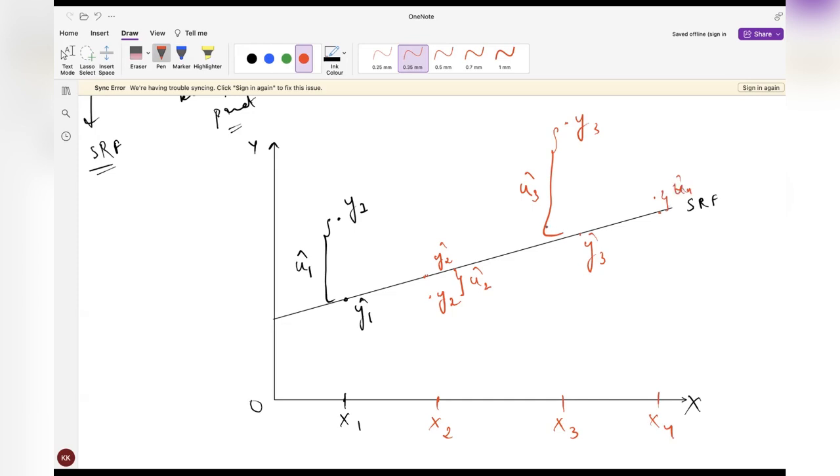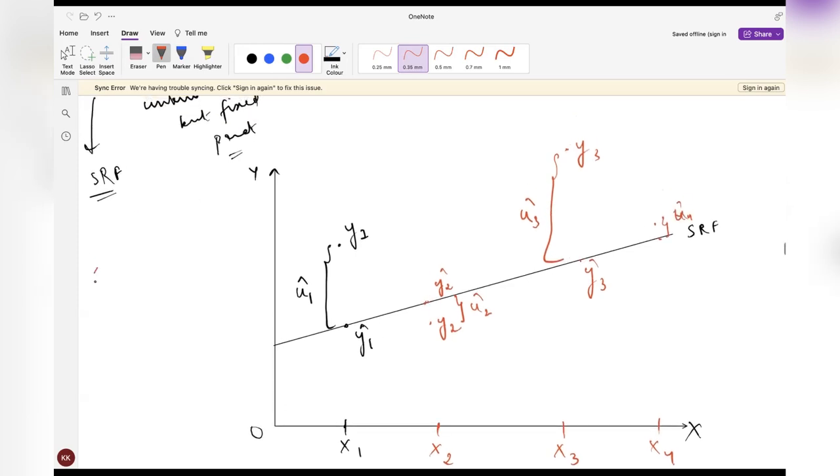Now what's happening? So when we are taking the sum of residuals, that would be equal to u1 hat plus u2 hat plus u3 hat plus u4 hat, right? So in this case, every residual is getting equal importance.